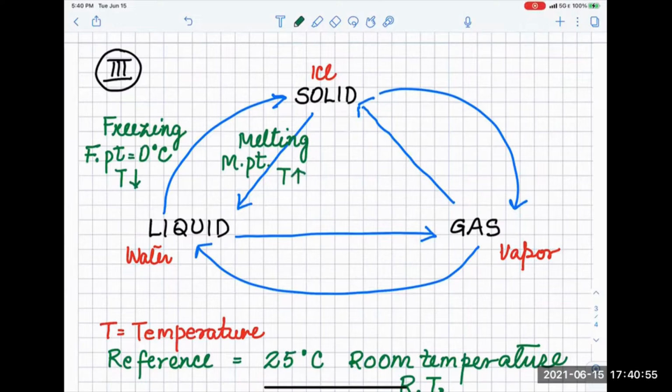So you see those two changes. You see this change right here, going from liquid to a solid state, and the opposite of that. One is temperature down, the other is temperature up. So basically, water can be changed into ice and ice can be converted into water.